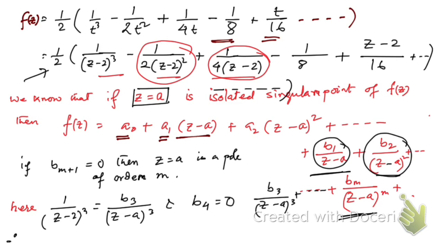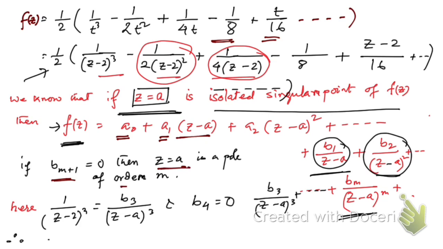Therefore, according to this, if z is equal to a is an isolated singular point of f(z), then we can express the series like this, and if b(m+1) is equal to 0, then z is equal to a is a pole of order m. Here b4 is 0, that means b(3+1) is 0.